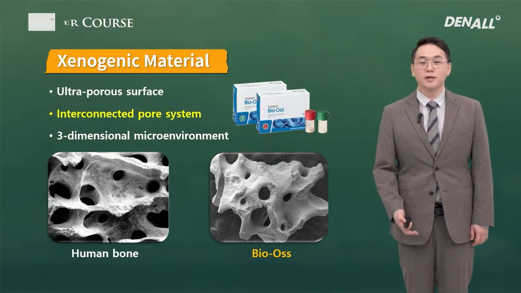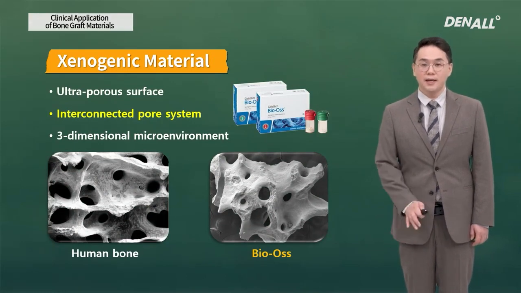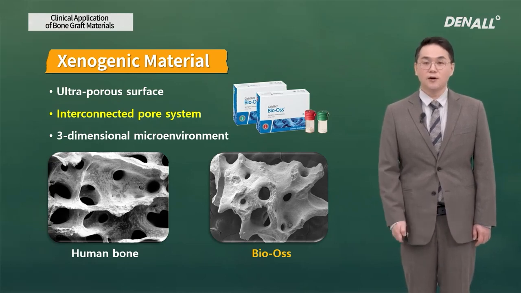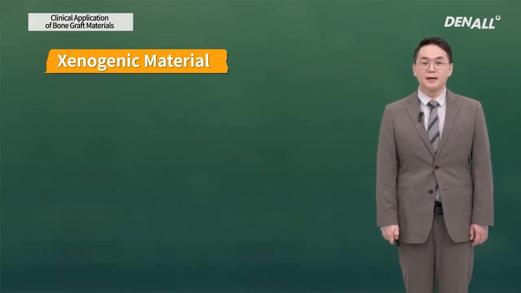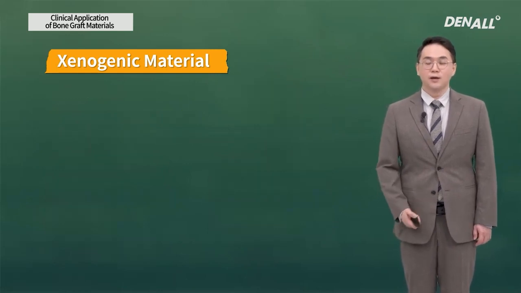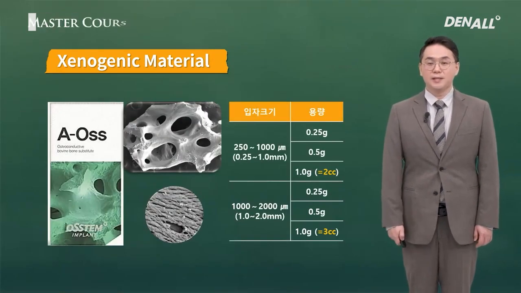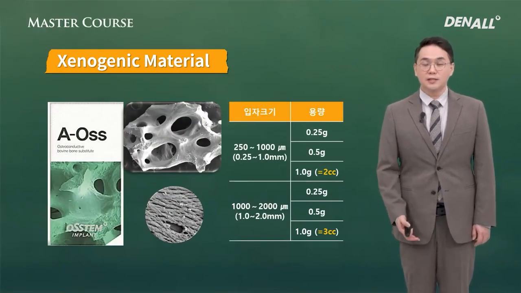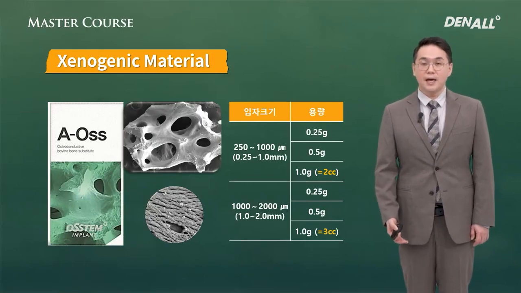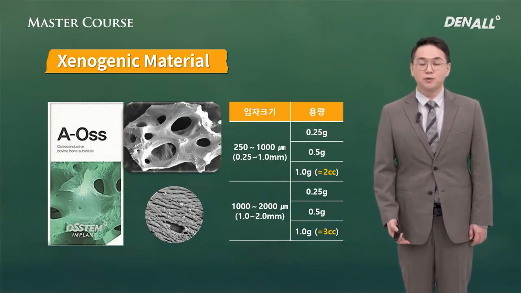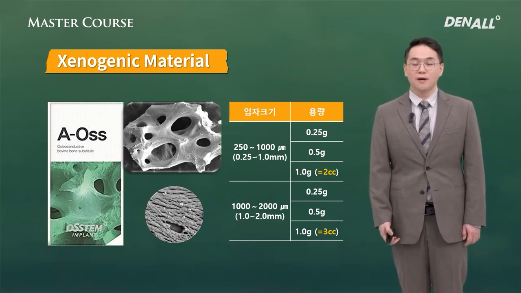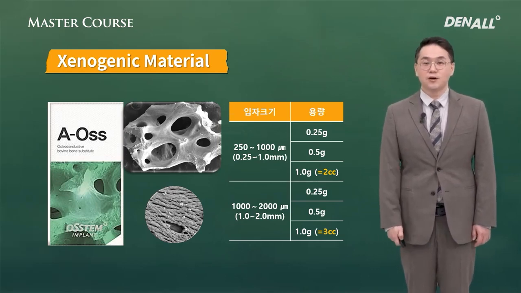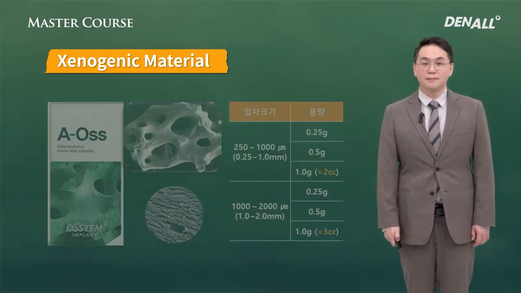Cow's femoral cancellous bone is treated at low temperature, which has very similar cancellous bone as human. Osstem's AOS is very similar to that. It is a bone graft material based on bovine bone. Like BIOS, it is treated at low temperature. The structural similarity to human is maintained.